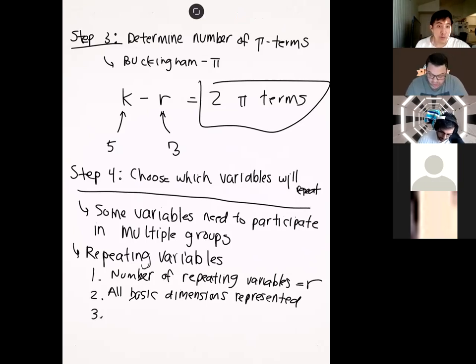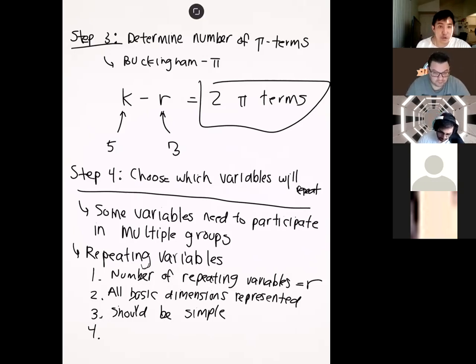Number 3 is not a requirement, but it'll make your life a lot easier. The repeating variables should also be as simple as possible. You shouldn't choose variables with a ton of stuff going on, because that's going to make your life miserable.